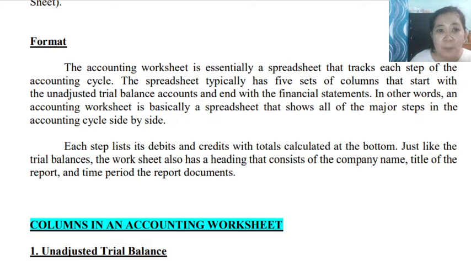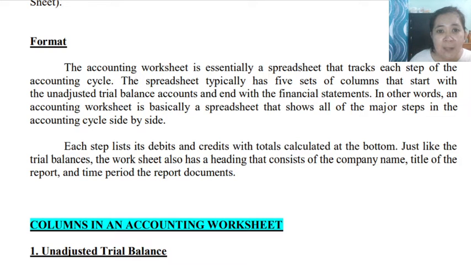Our spreadsheet typically has 10 columns, or 5 sets of columns. Since we have the columns for debits and credits for each trial balance up to the income statement and balance sheet, all in all, it will comprise 10 columns.